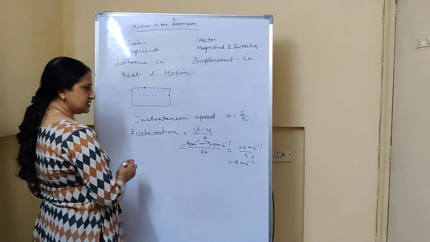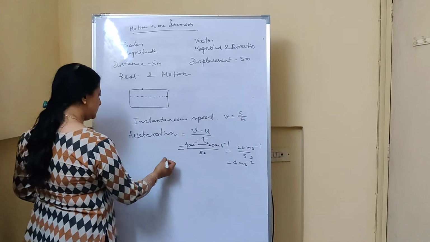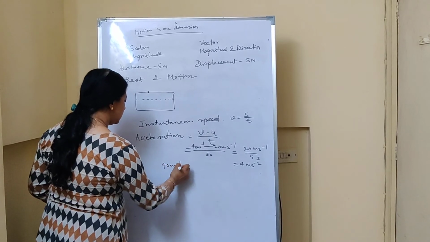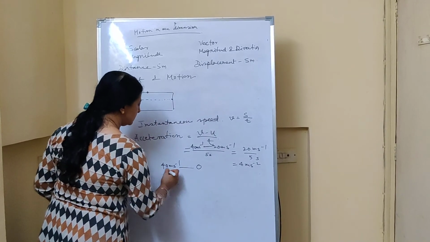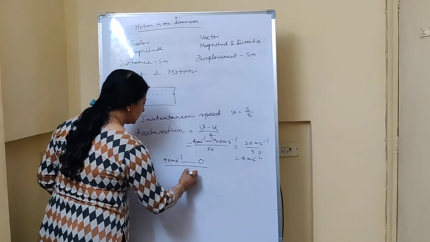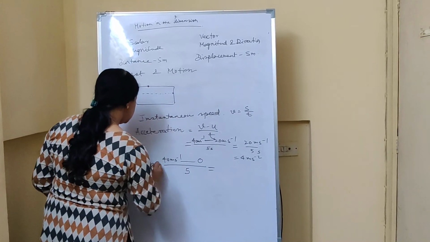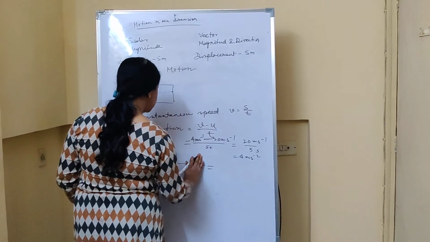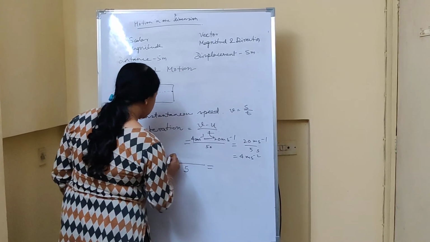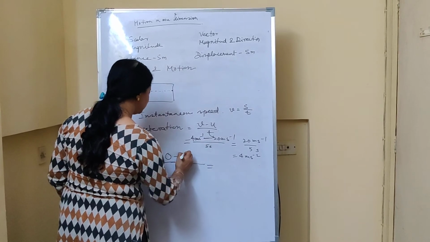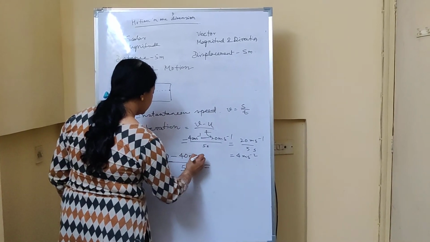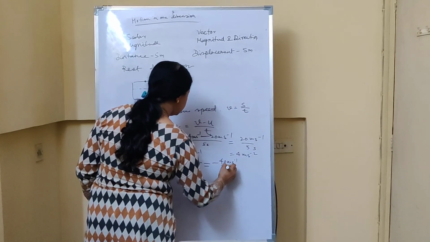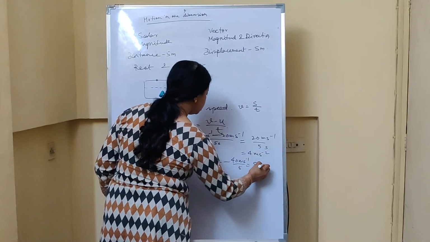And if the object starts with 40 meter per second initial velocity and it stops, then the final velocity is 0 in 5 seconds. So its acceleration in that case will be minus 40 meter per second by 5, so minus 8 meter per second square.